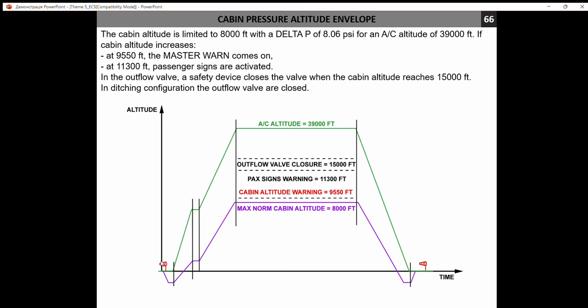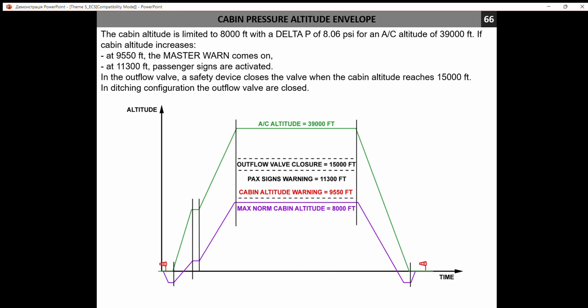So you may see that the pressure in the cabin increases before taking off. Pressure increases, but altitude decreases approximately to minus 3000 feet. It means that we additionally pressurize our cabin.